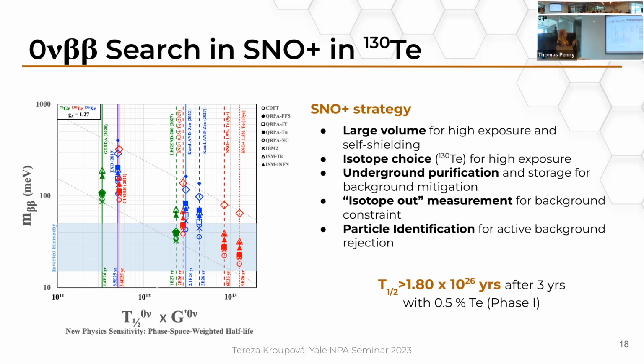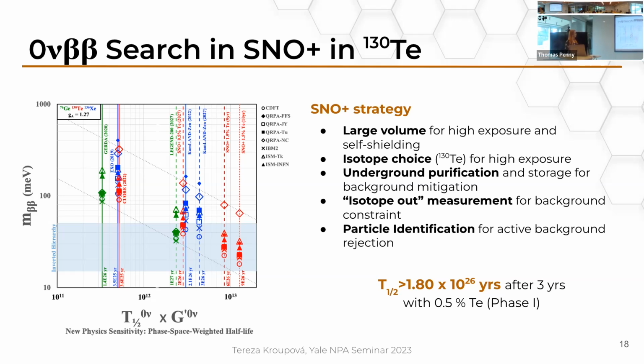If you're comparing different experiments using different isotopes, you can either use the half-life, which is not really indicative of the effective Majorana mass, or the effective Majorana mass, which includes nuclear matrix elements that really depend on the model. So plotting it this way, you can see the spread for each isotope and where it is.